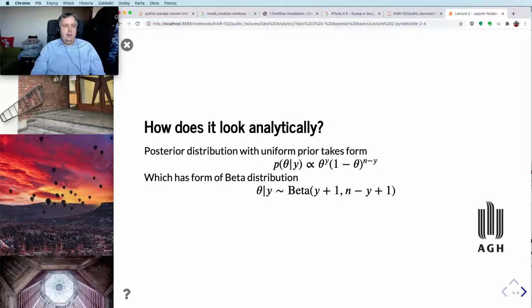So in this case, the probability of a particular value will be just multiplication by constant.